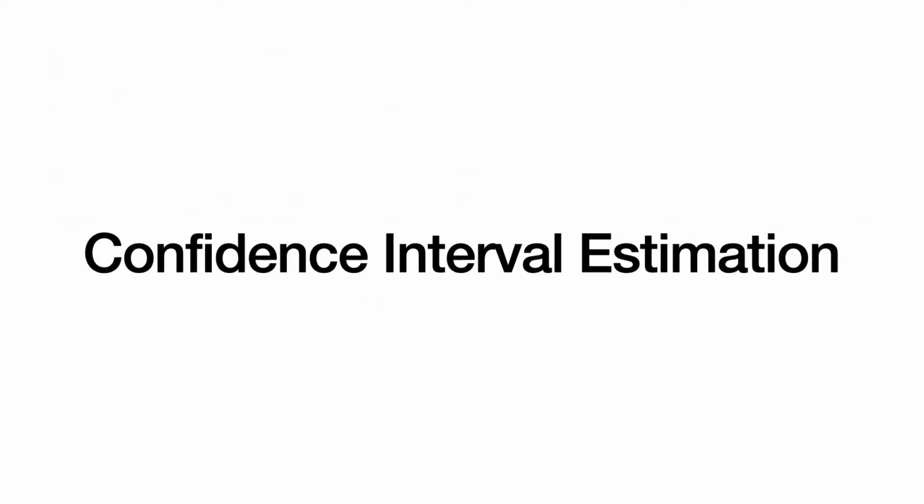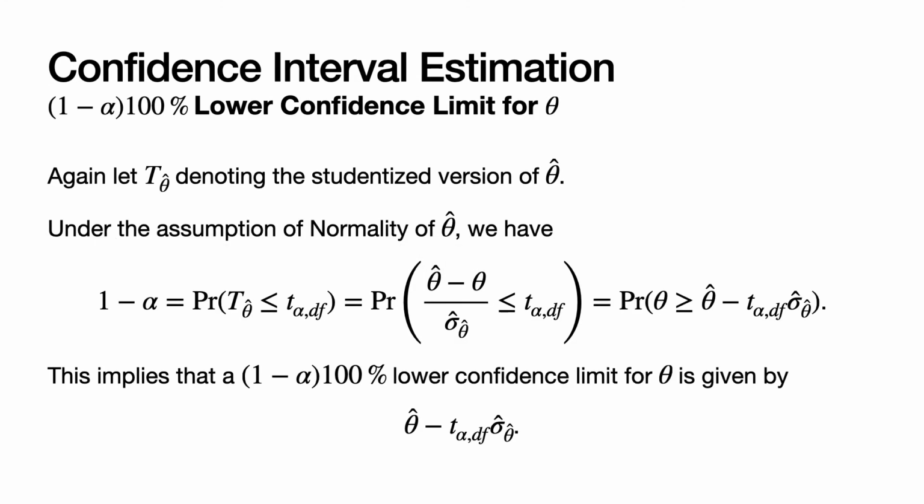Next, let's look at constructing confidence intervals for theta. We'll start by constructing a 1 minus alpha times 100% lower confidence limit for theta. Again, let capital T sub theta hat denote the studentized version of theta hat.